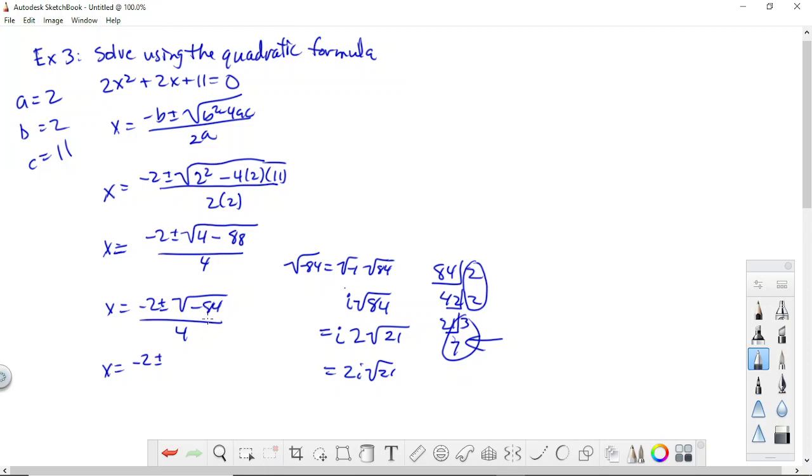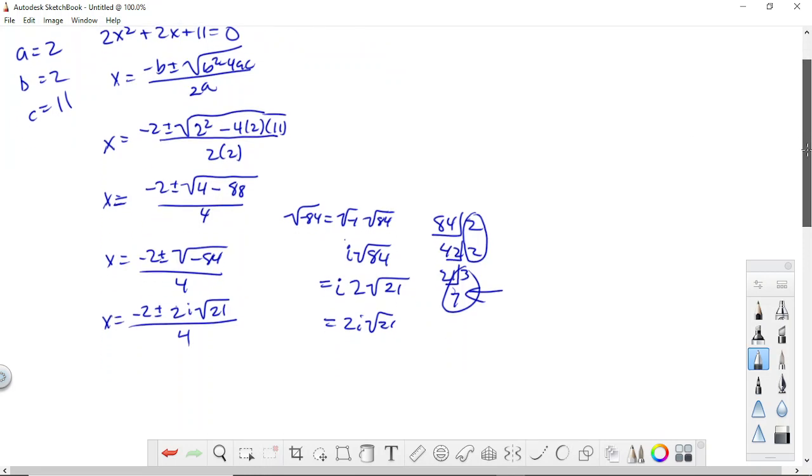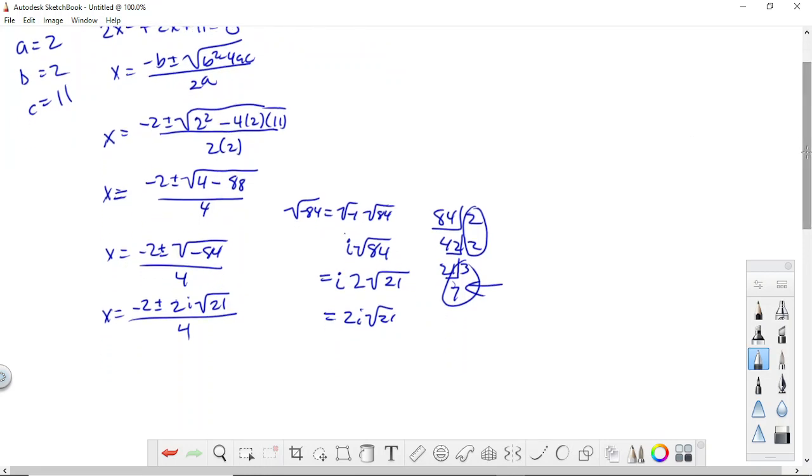It's plus or minus. We've simplified that to 2i times the square root of 21. Okay, and it's still over 4. Okay, so this time we do have something that divides into all 3 of those. We're not going to split it up. Why are we not going to split it up?